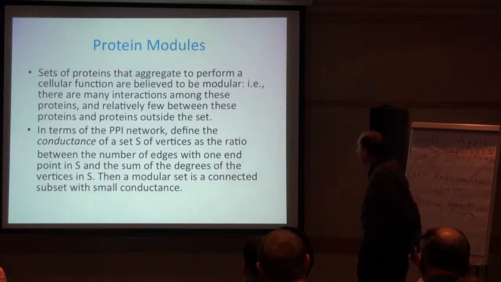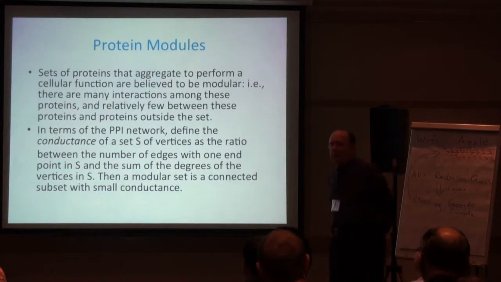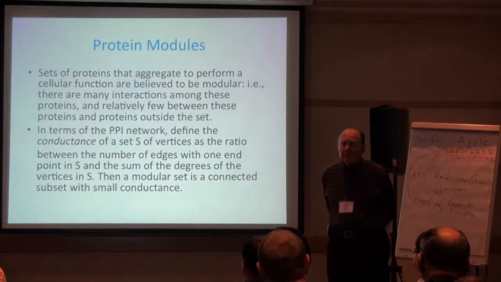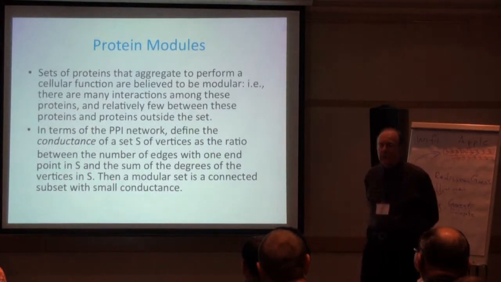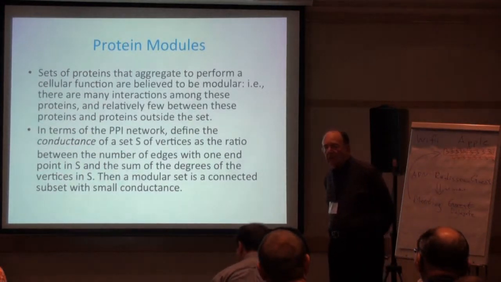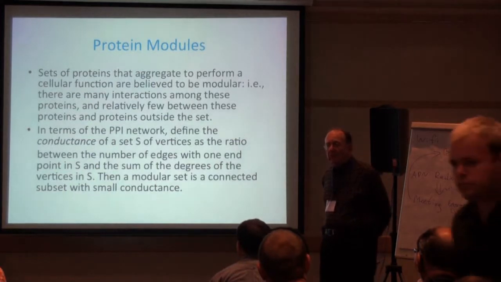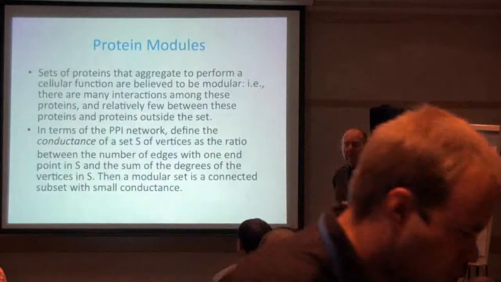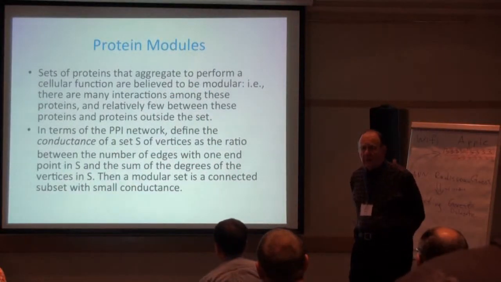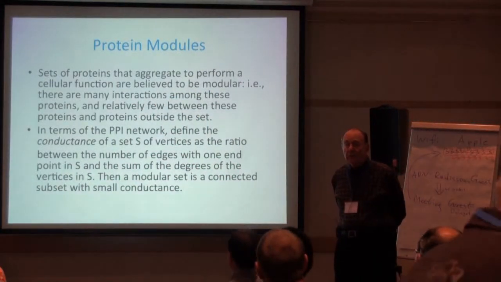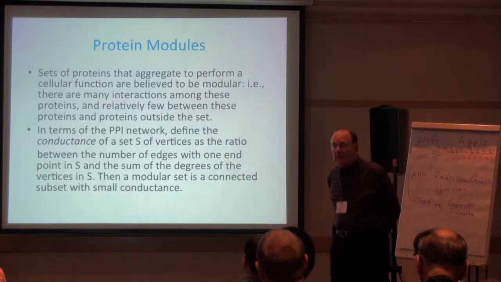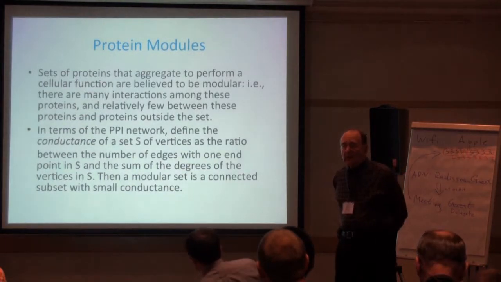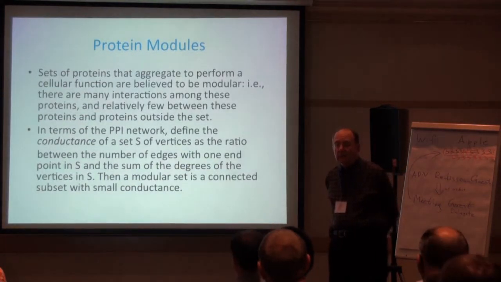So one of the clues that we can use to identify sets of proteins that have a common function, well, one way to do it would be to label the proteins according to their functional annotation in the GO hierarchy, for example, and then look at sets of proteins that have a common functional annotation.